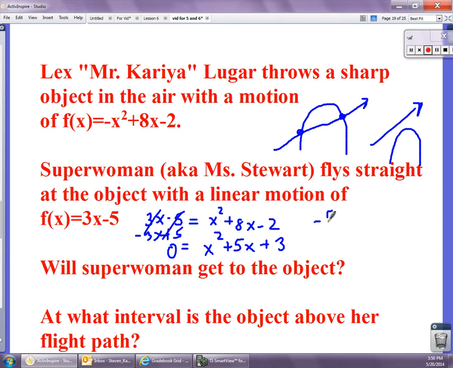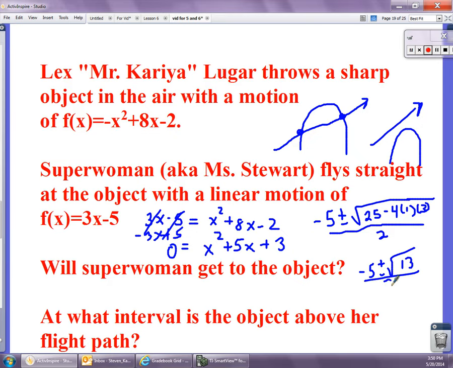Negative b, negative 5, plus or minus the square root of b squared, so 5 squared is 25, minus 4 times a times c. Excuse me. All over 2 times 1, which is 2. 4 times 1 times 3 is negative 12, so 25 minus 12 is 13. So I have negative 5 plus or minus the square root of 13 over 2.